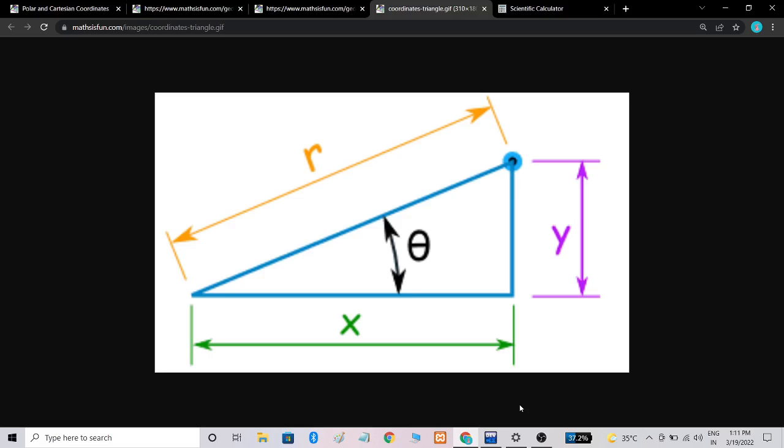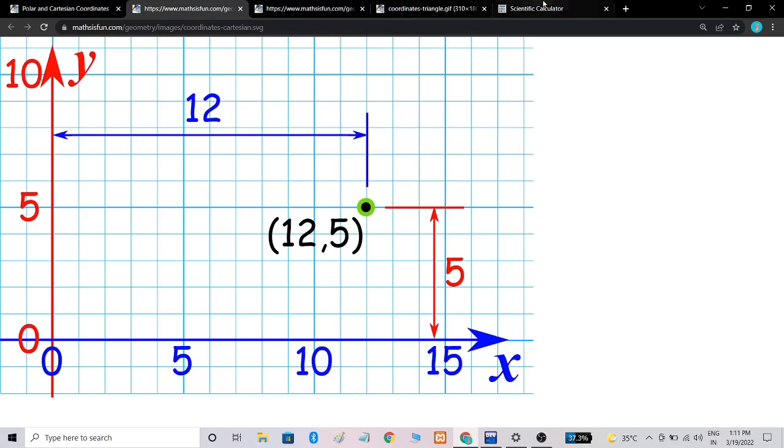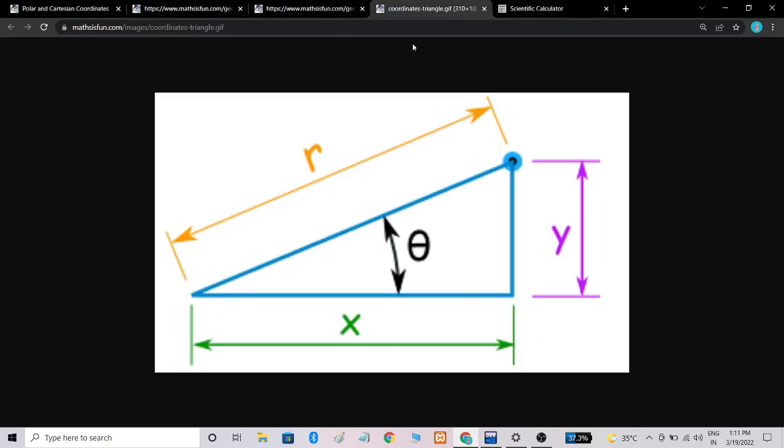So what do I mean by Cartesian coordinates? In this figure, the x and the y are the Cartesian coordinates. And at the perpendicular, we calculate the theta and the r.